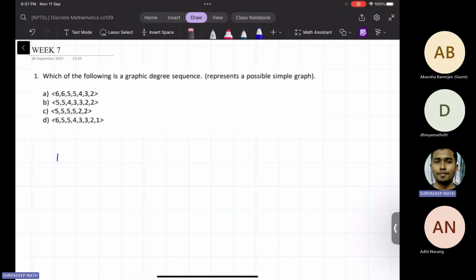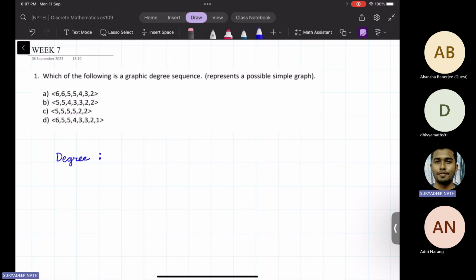Can anyone tell me what the degree of a node in a graph is? One node is connected to how many nodes? This is called degree. Right, you're absolutely right.